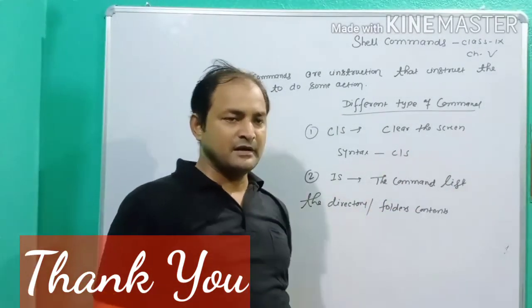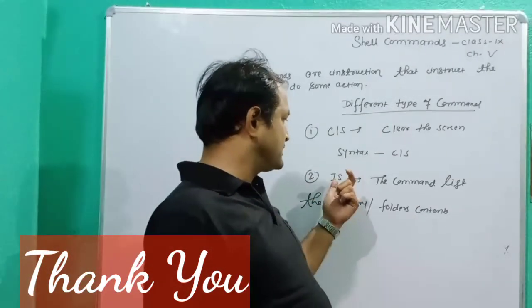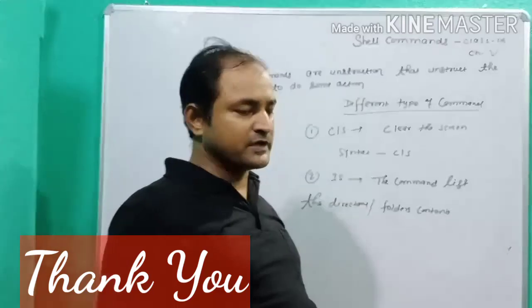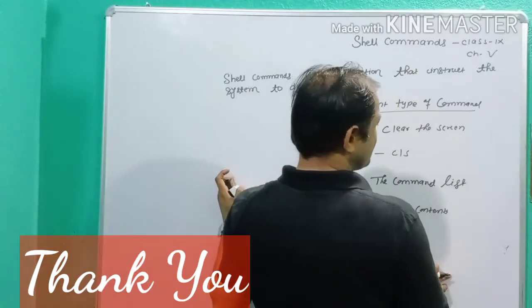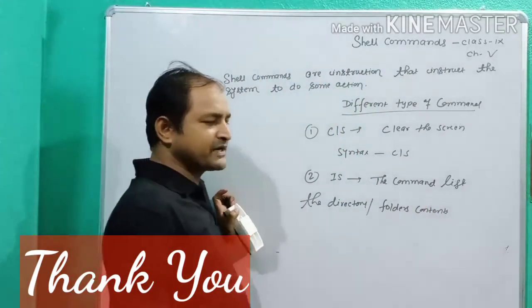So with the use of the DIR command, all the files and folders are open in front of you. There are so many such commands, but I have discussed the main important points.